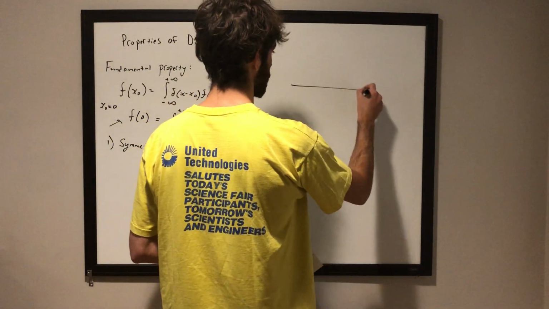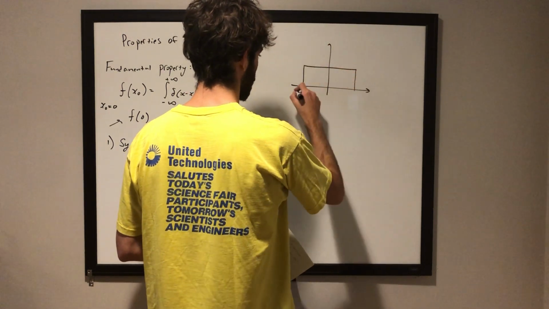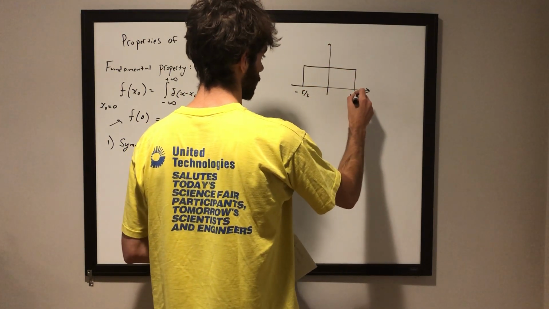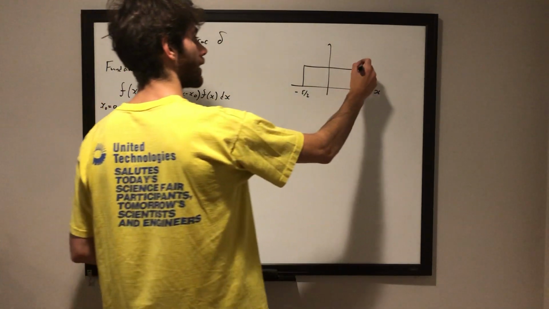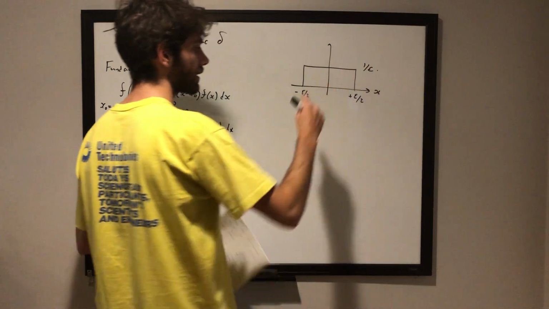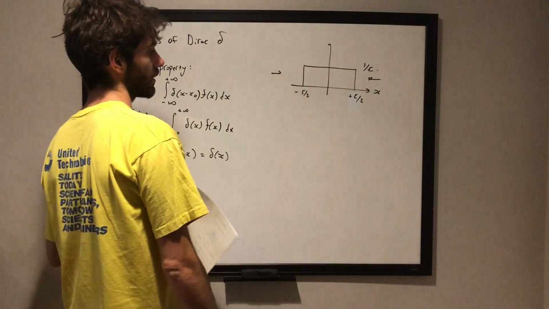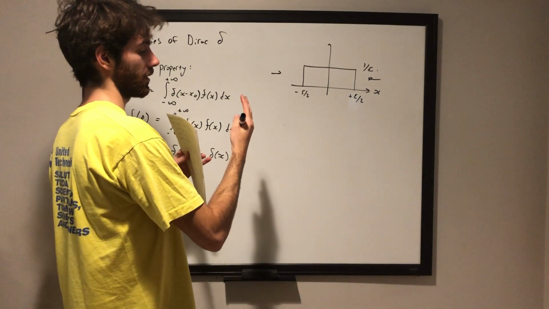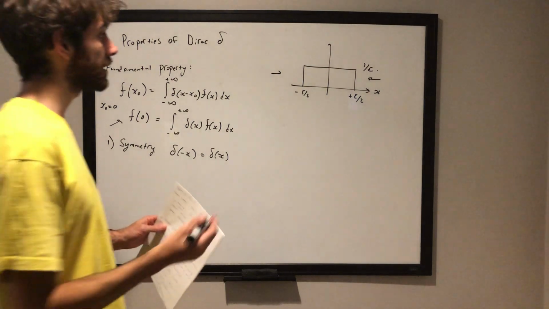So we started with this kind of rectangular step function that is symmetric about x goes to minus x, height 1 over epsilon, and then we considered the limit of shrinking epsilon, which causes the width to decrease while simultaneously the height increases.